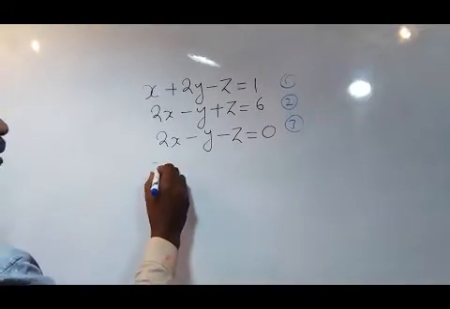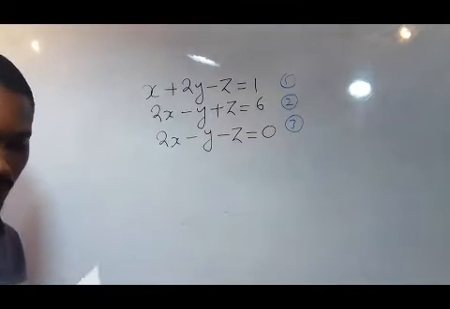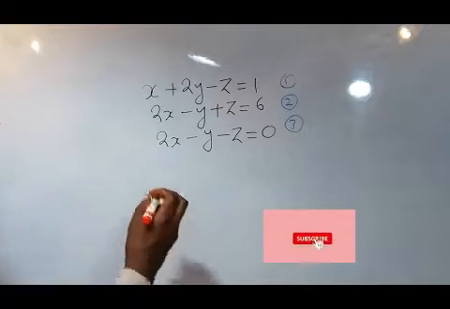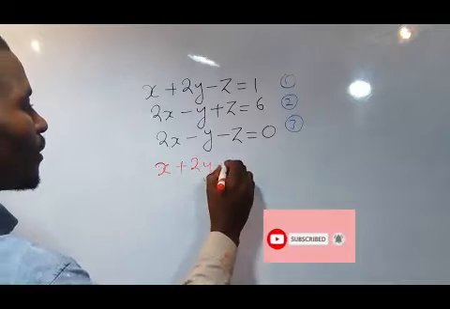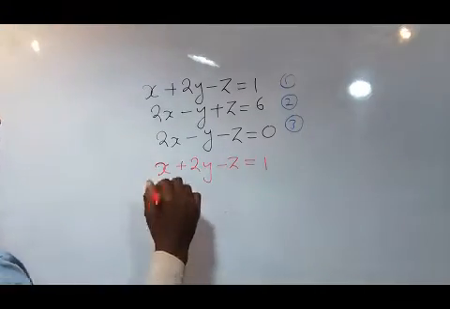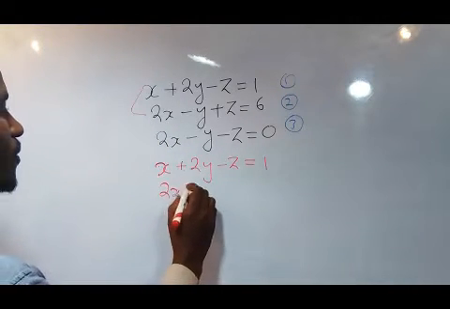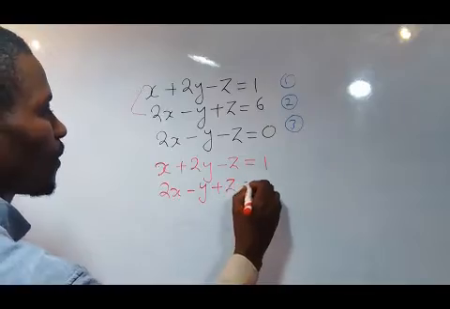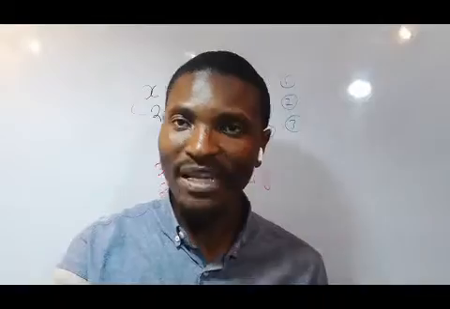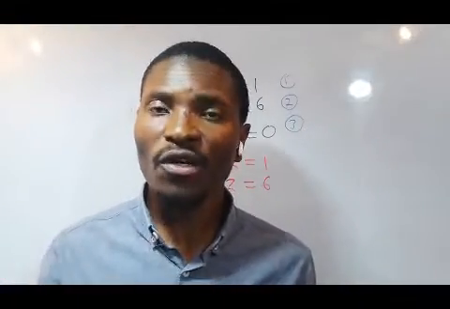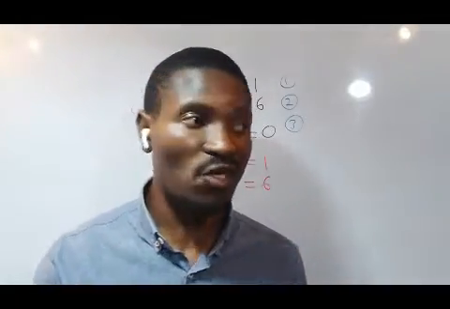I can say x plus 2y minus z equals 1, and then I'm trying to add these 2, and then 2x minus y plus z equals 6. So I'm going to eliminate the x variable. To eliminate the x variable, I have to look at the coefficient of the x variables.